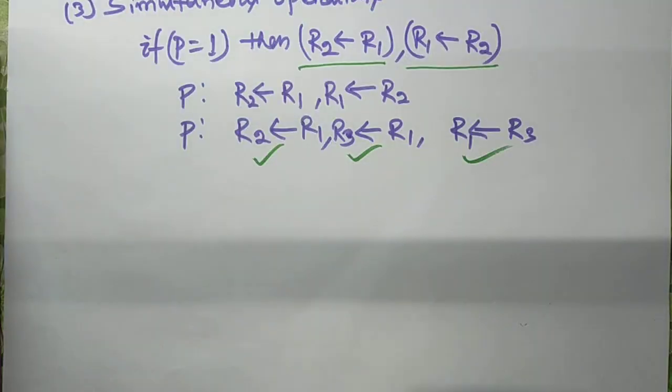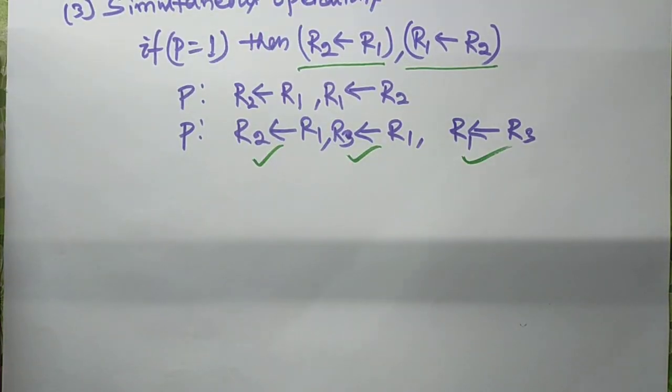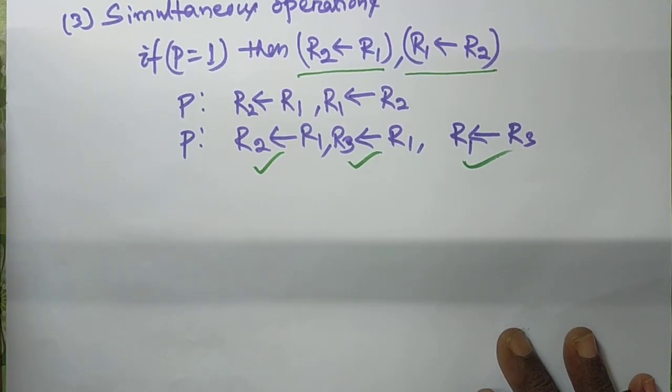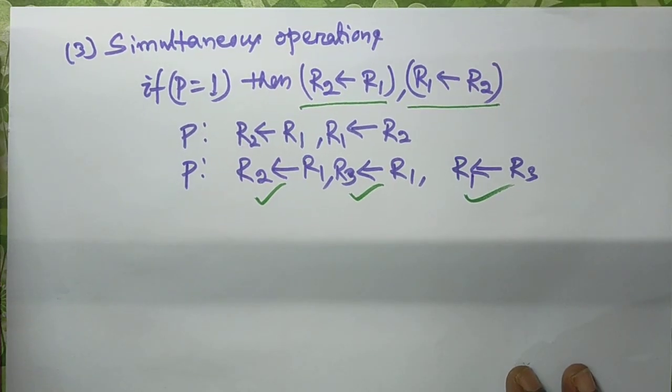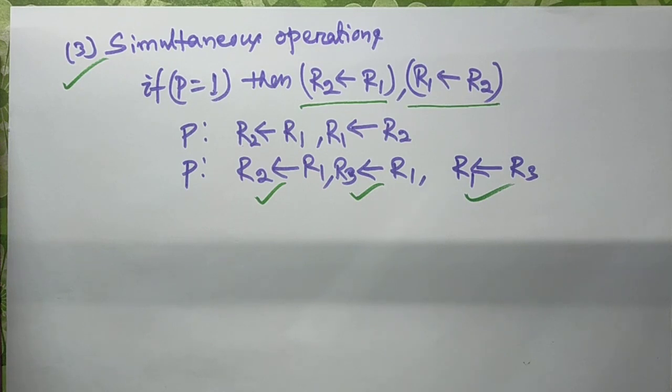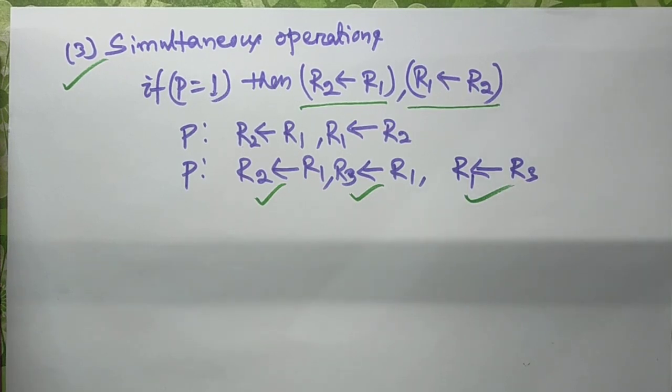And if we have to operate more than one operation, then it is a simultaneous operation. So these are the basic concepts of register transfer language as well as register transfer operation.